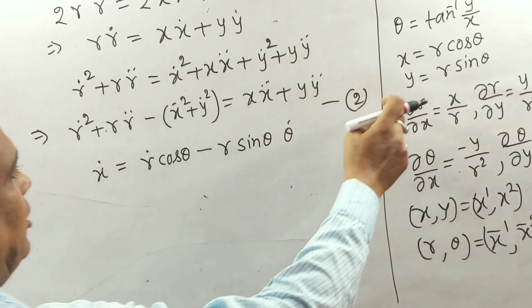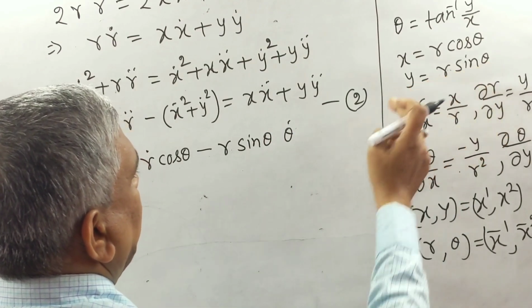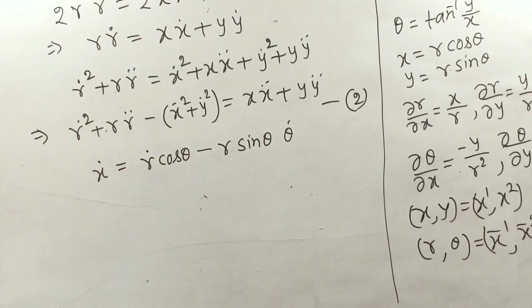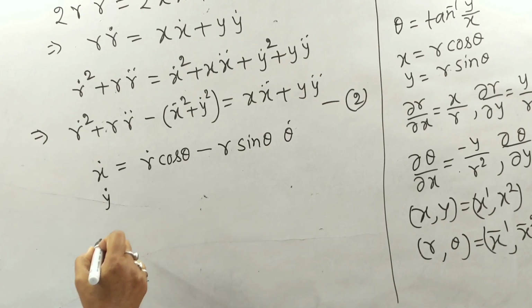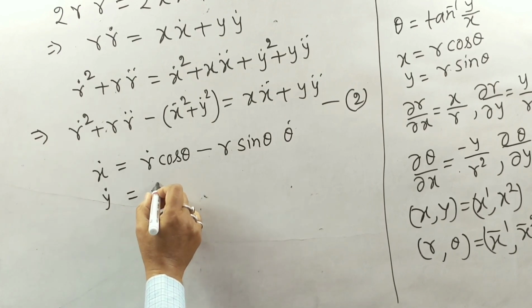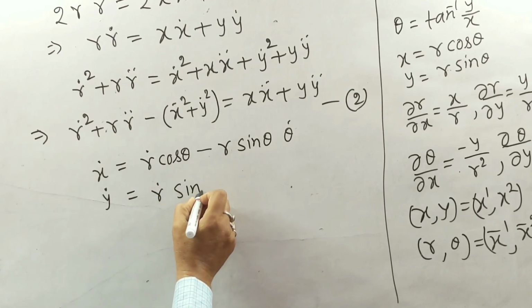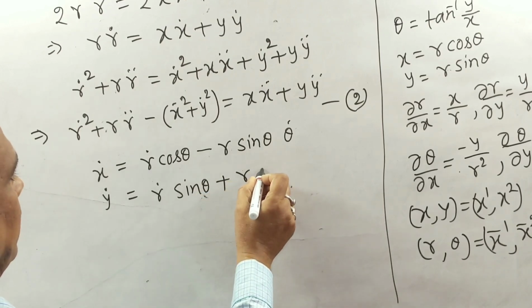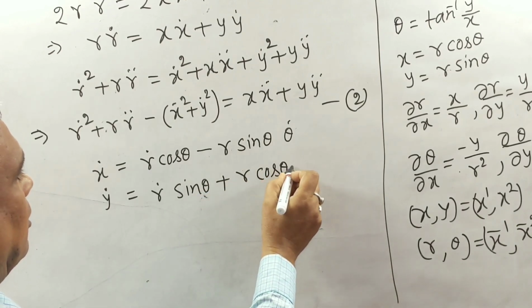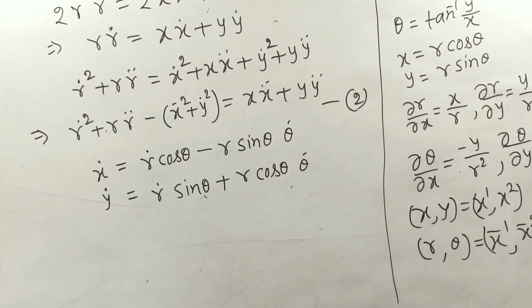Again differentiating y equals r sin theta on both sides with respect to t, we get y dot equals r dot sin theta plus r cos theta theta dot.